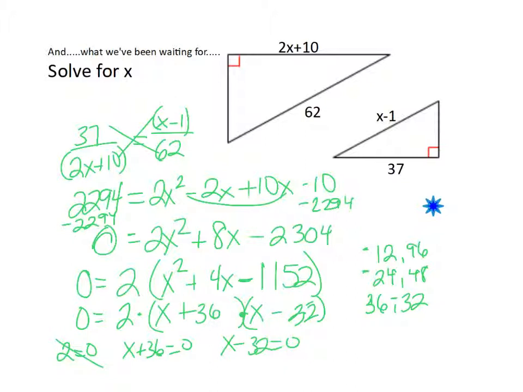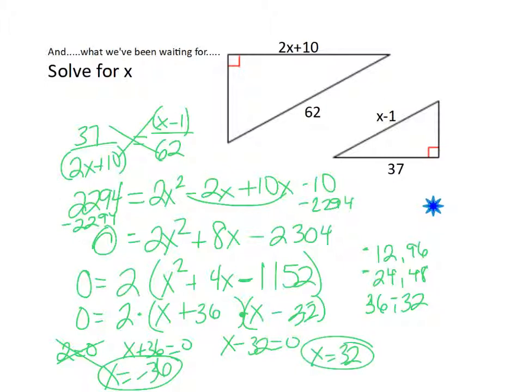But 2 does not equal 0, no matter what. There's no x there to help me, so I just cross that one off. Anytime you're just pulling out a number for your GCF, it just gets crossed off. And then I get x equals negative 36, and x equals a positive 32.